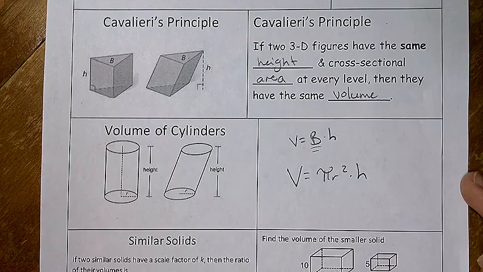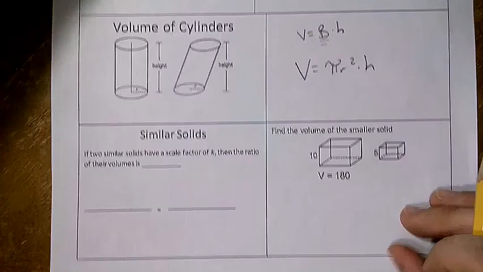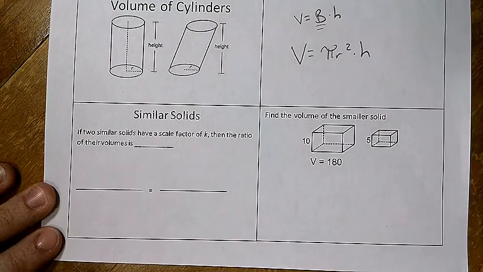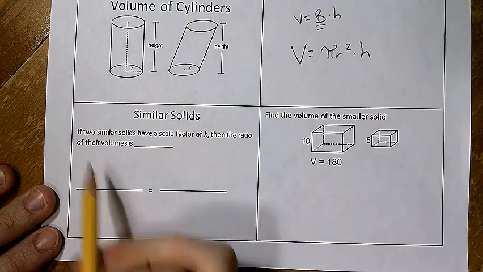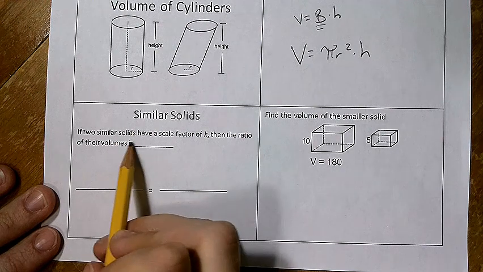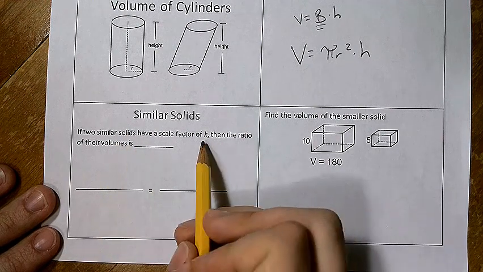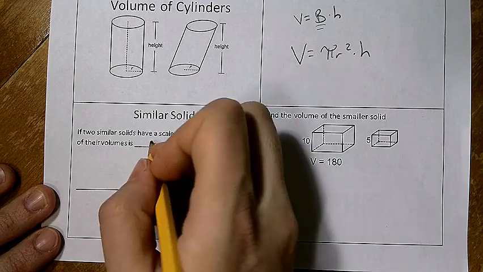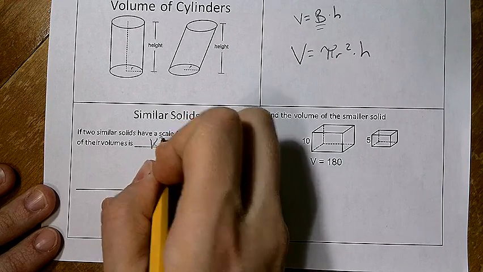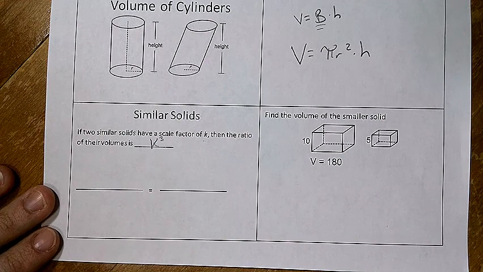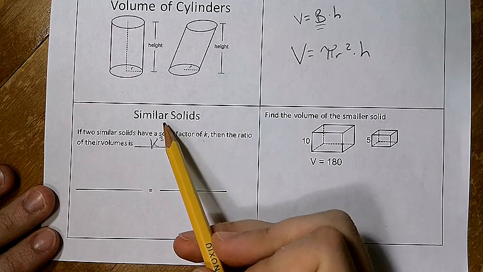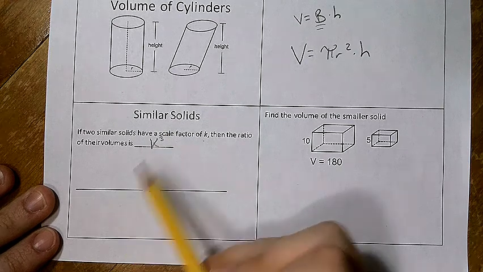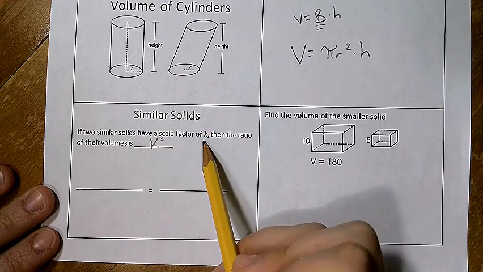The last thing, and we're going to come back to this in 11.7, I believe, is similar solids. If two similar solids, aka two similar three-dimensional figures, have a scale factor of k, then the ratio of their volumes is k cubed. We looked at similar figures back in chapter 8. We talked about the ratio scale factor k of their sides.